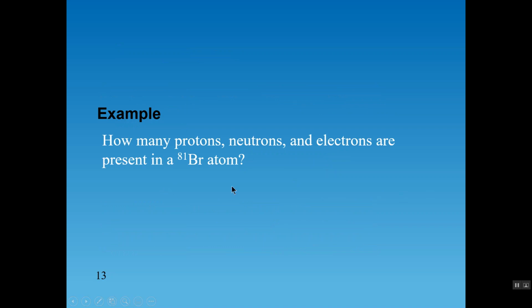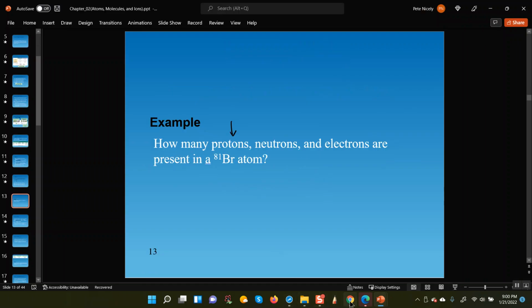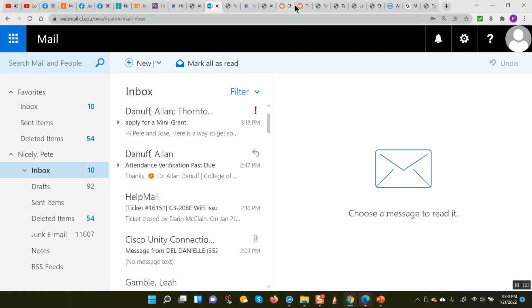So let's see if we can answer this question. How many protons, neutrons, and electrons are present in a bromine 81 atom? Okay, so in this case, it's very simple. The number of protons here, all we have to do is go to the periodic table.